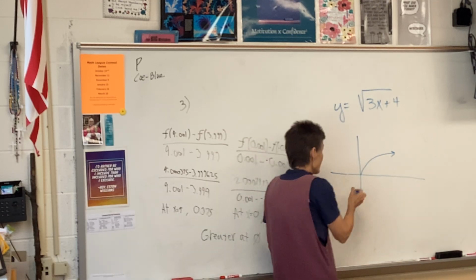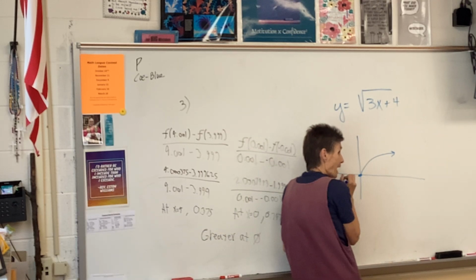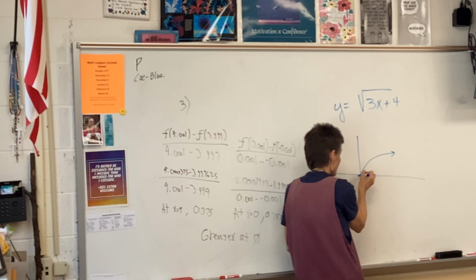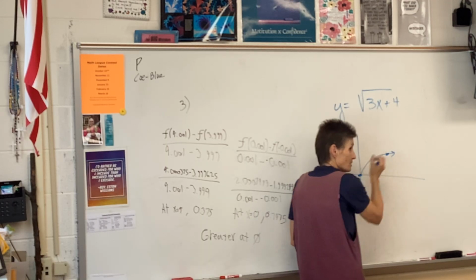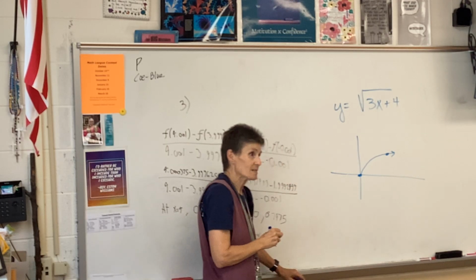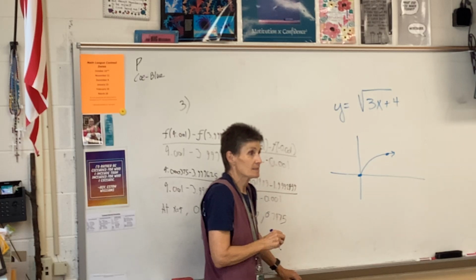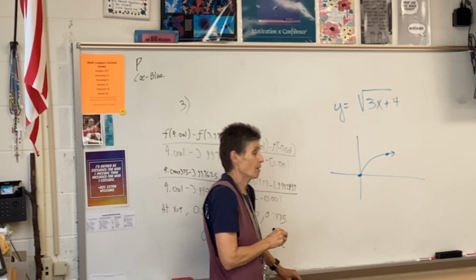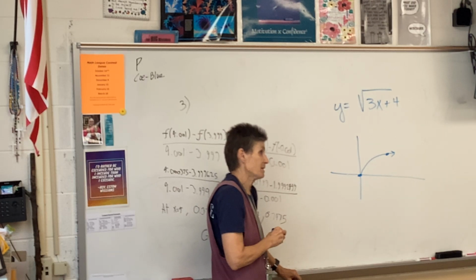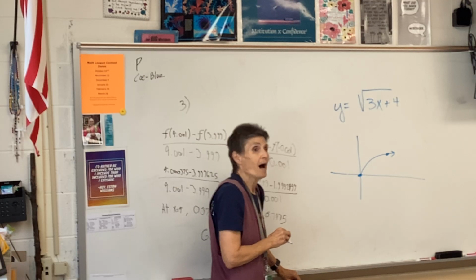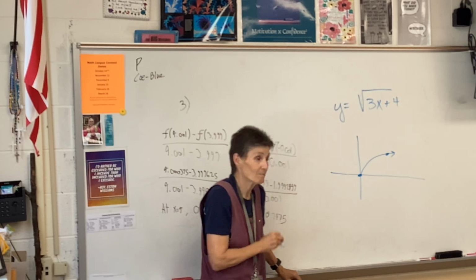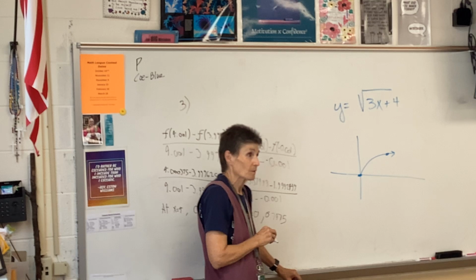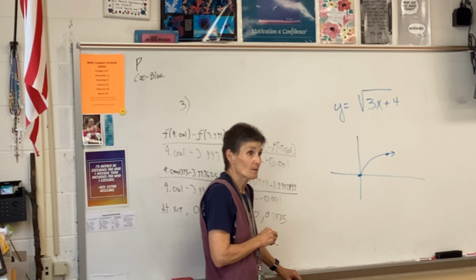So the question is, what's higher? The slope here or the slope out here somewhere? Obviously, it's going to be at 0. The closer you are to the beginning of the picture, the steeper your slope is going to be for that particular curve. Does that make sense to everybody?